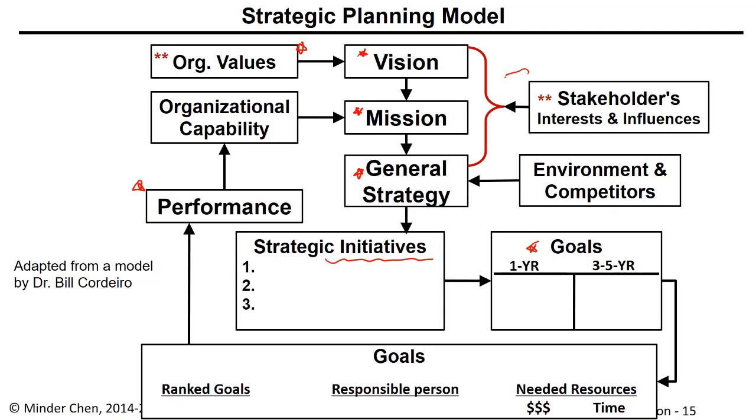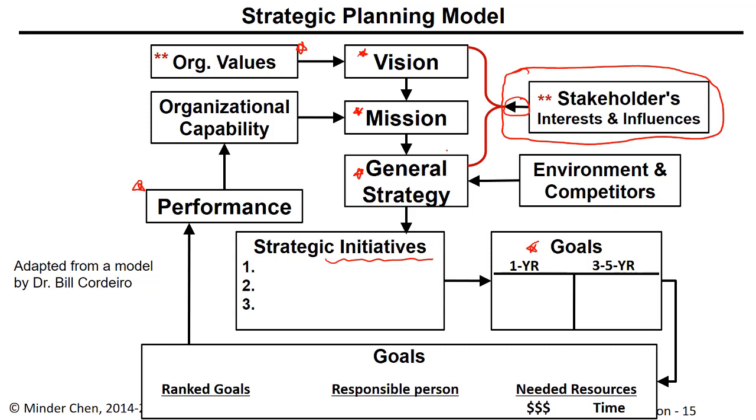And I added in this model a block here called stakeholders' interest and influence. The arrow implies that a stakeholder's interest and influence may affect how you formulate your vision, mission, and strategy.